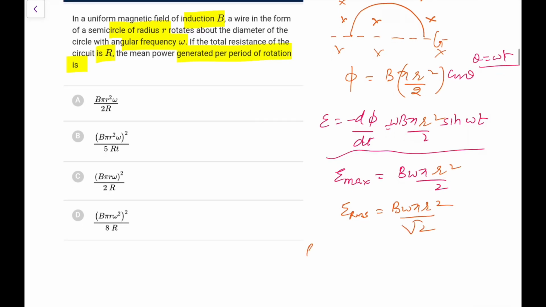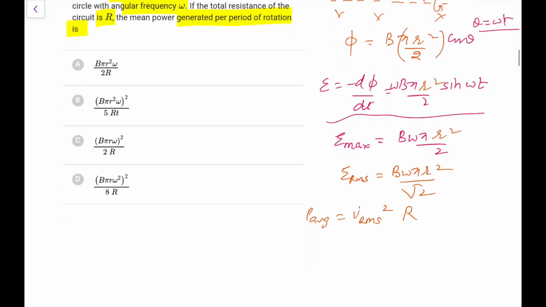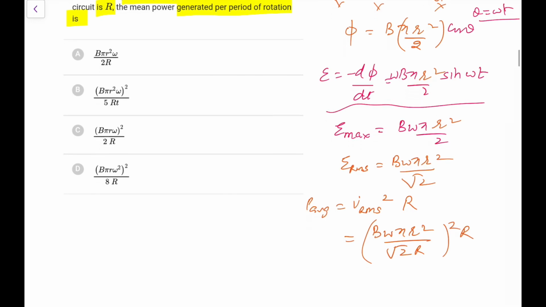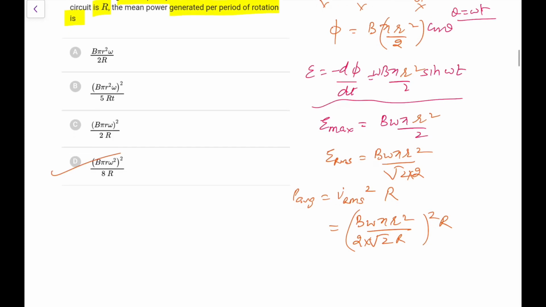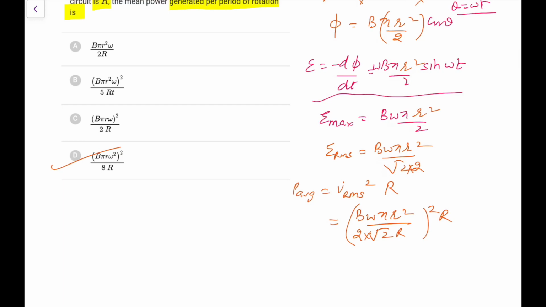The mean power, average power, you can directly write as IRMS square into R, or ERMS square by R. So IRMS would be B omega pi r square by root 2 R, whole square, into R. Now this would be B omega pi r square whole square into 2. Okay, this was 2, I was wrong, this is 2 root 2. It's good that I realized it. So 2 root 2 would be 8R, so not the A option, it would be the D option. Be careful, that is E by root 2, so 2 root 2 will be coming.